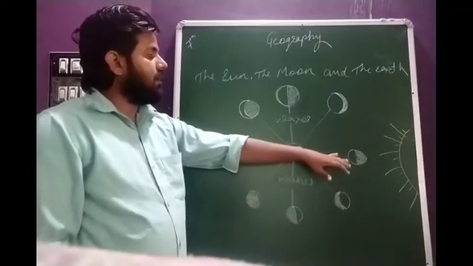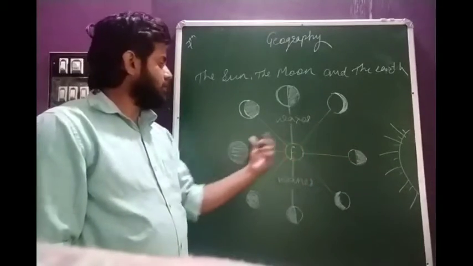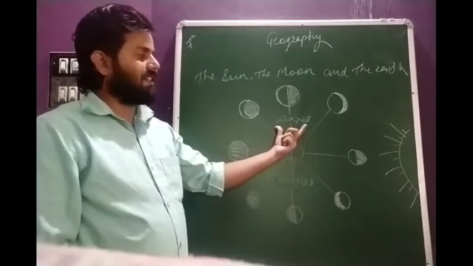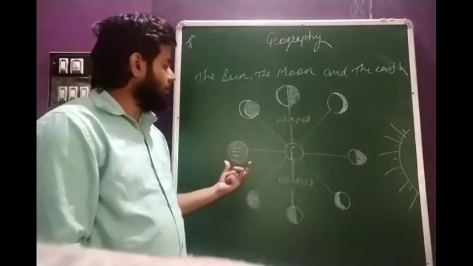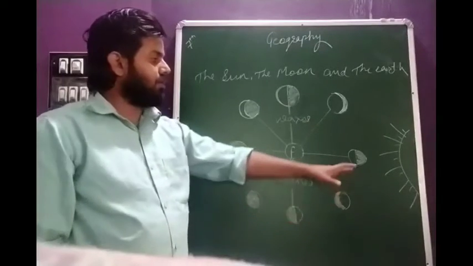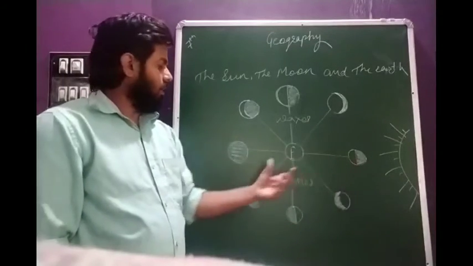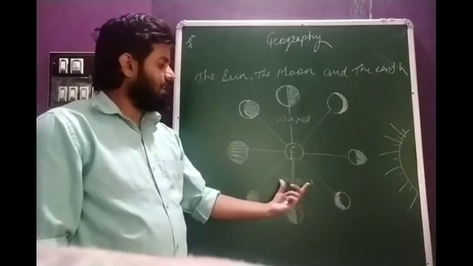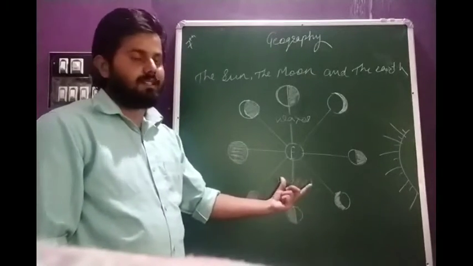The journey from the new moon to the full moon is known as waxing, and from the full moon to the new moon, when the Moon reduces in size, is known as waning.